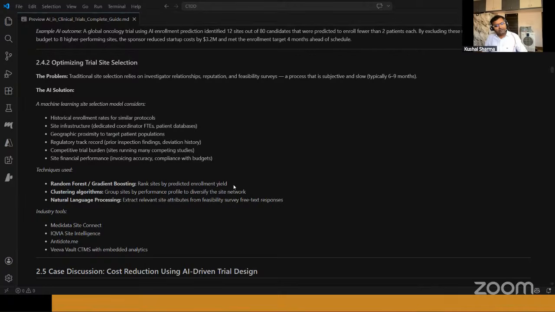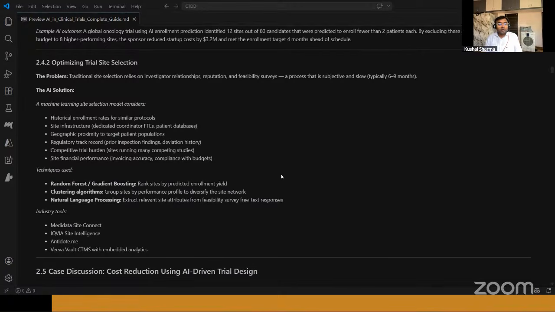What type of techniques can we use? We can use random forest and gradient boosting. Random forest and gradient boosting will help rank the sites by predicted enrollment yield. Then clustering algorithms group the sites by performance profile to diversify the site network. And then NLP, natural language processing, to extract relevant site attributes from feasibility survey free text responses.